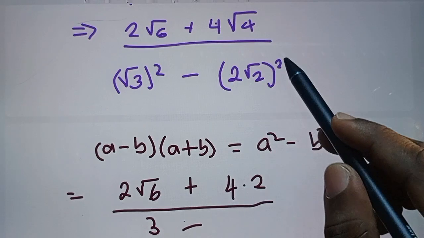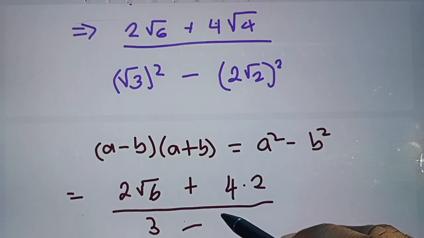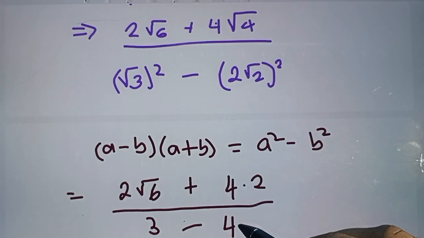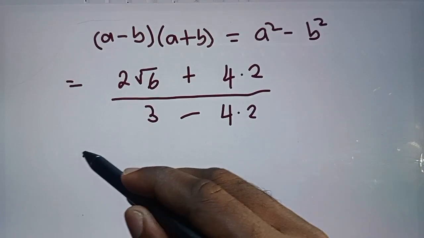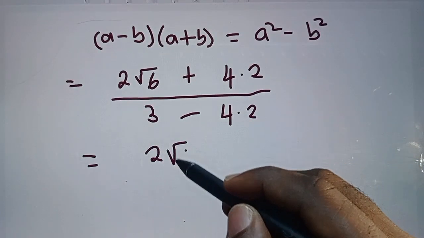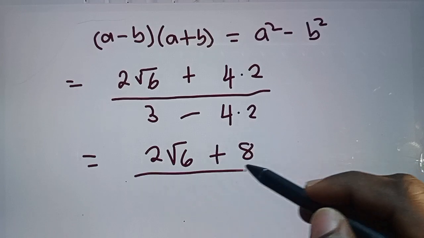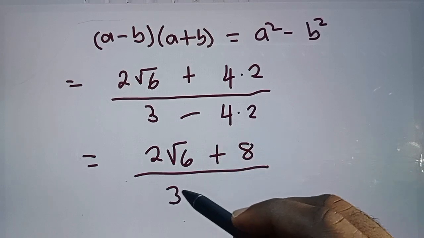Then minus this square, we affect this 2 here, that will be 4. Then this square will affect the square root here, it will go, then we are going to be left with 2 inside. So from there, you're going to have 2 root 6, plus 8 all over 3 minus 4 times this, we have what?